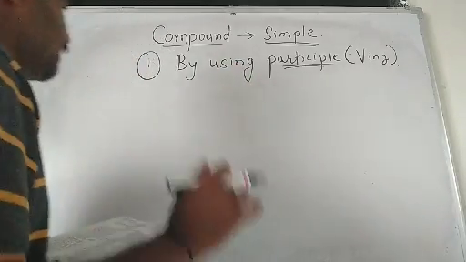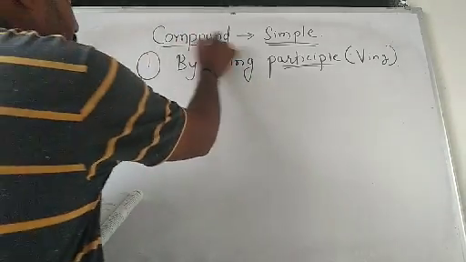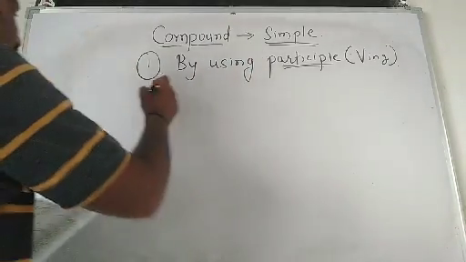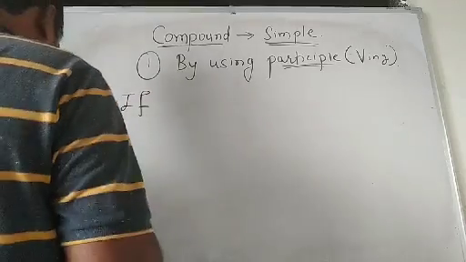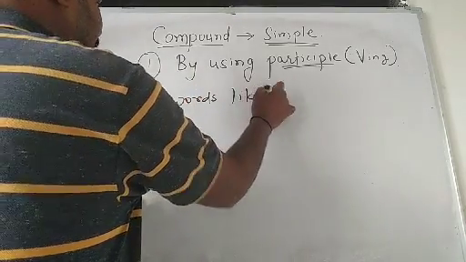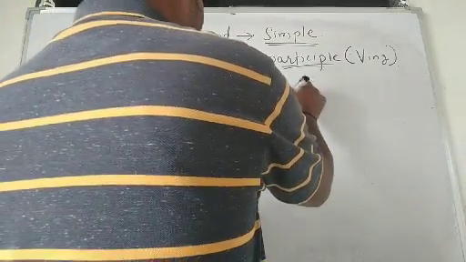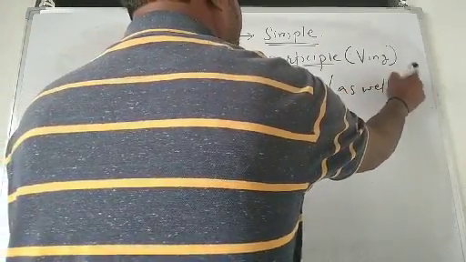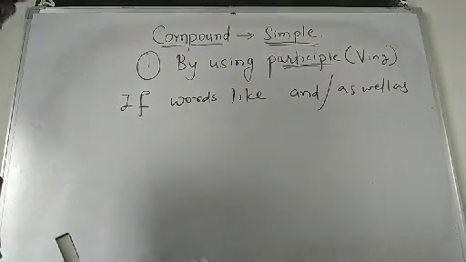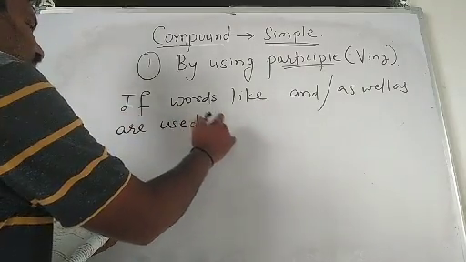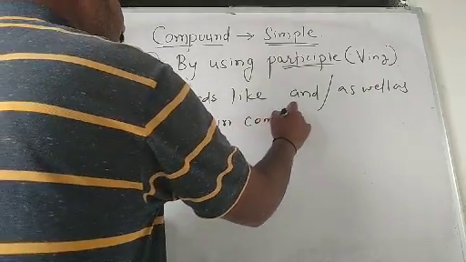There are some conjunctions or words used in compound sentences, such as words like and, or, as well as.